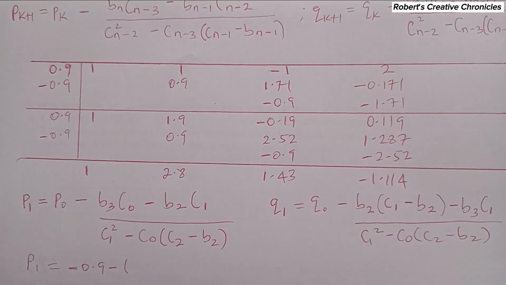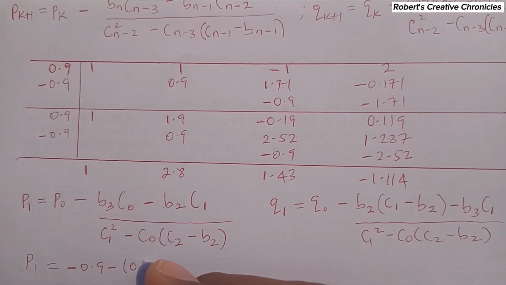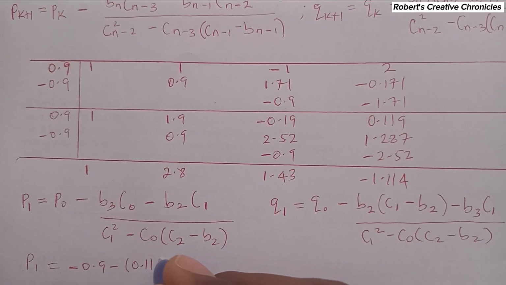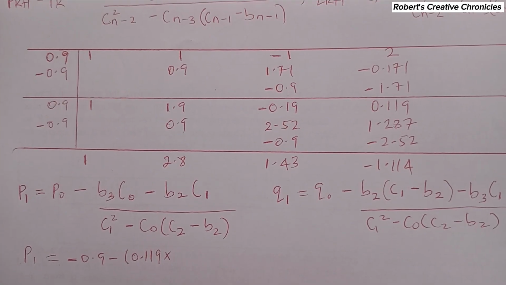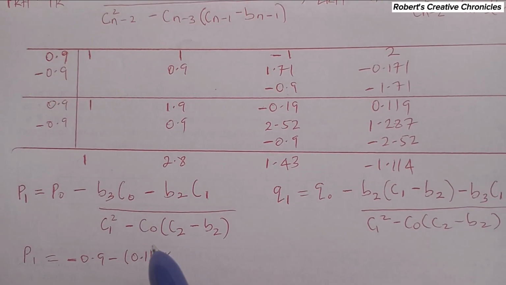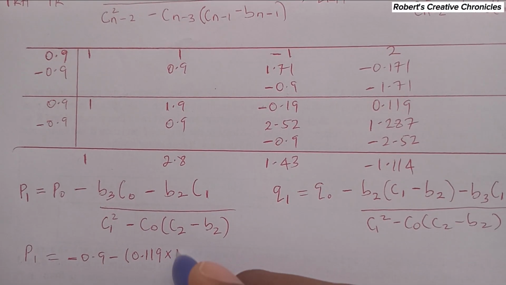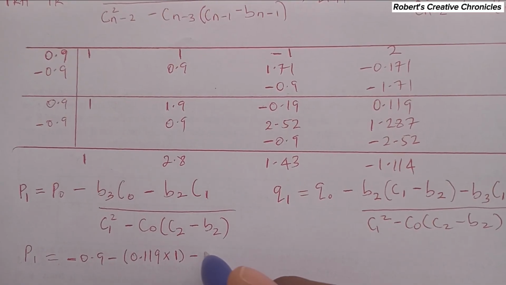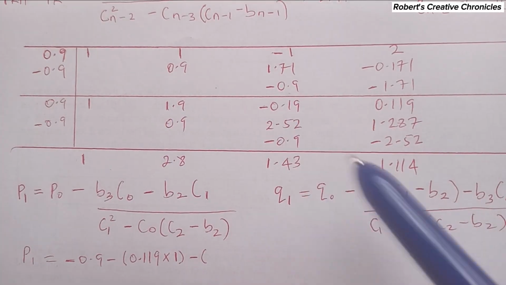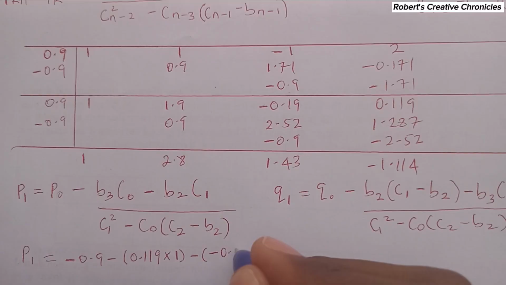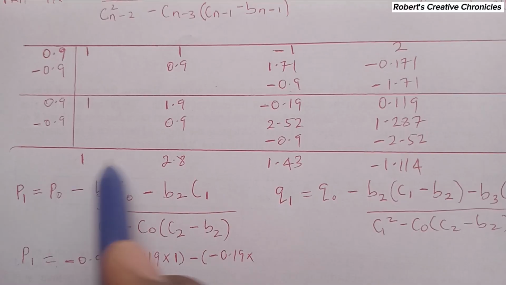So B3 is what? 0.119 times C0. C0 is this one. Minus what? What is B2? B0, B1, B2. B2 is what? Negative 0.19 times C1. This is C0, C1.